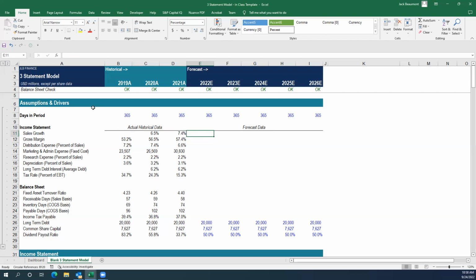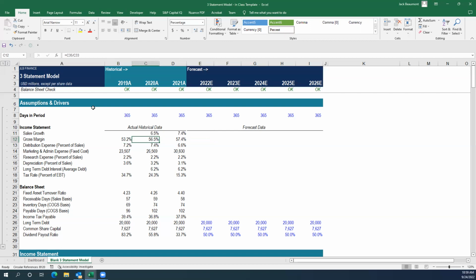So here we can see 6.5, 7.4 is relatively stable. It is only 2 years. Now we don't have 2018 because we're assuming maybe this company started in 2019, so we don't have data for 2019 because there is no sales growth. Same thing for the gross margin here.